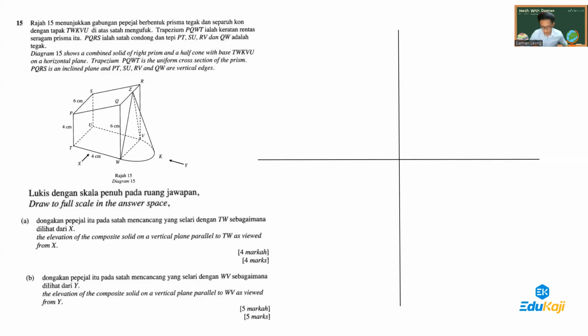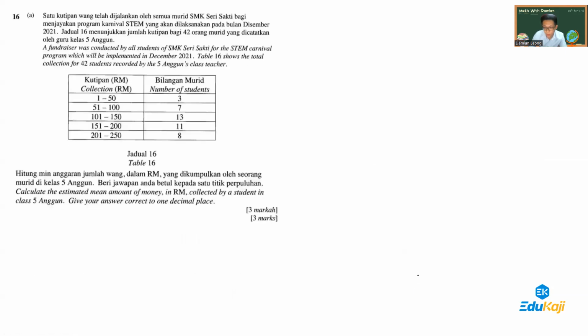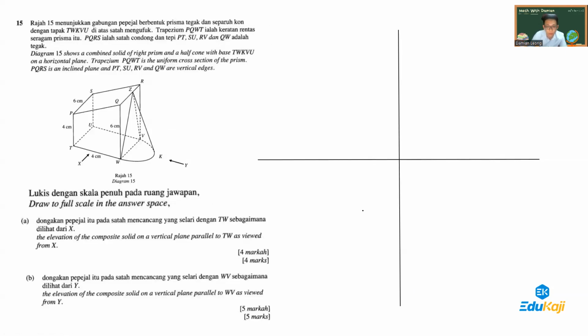So basically, let's say I start with elevation from Y. So it follows the measurement normal to the direction you're looking at. So we follow this measurement. So it's 6 cm by 6 cm. So it's a square, 6 cm by 6 cm.